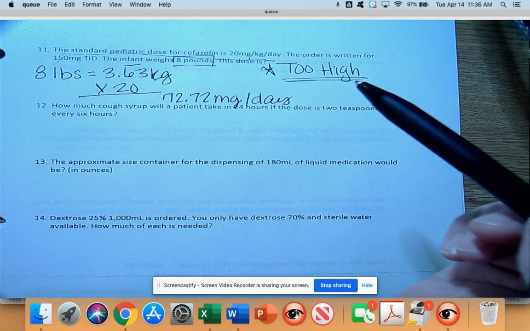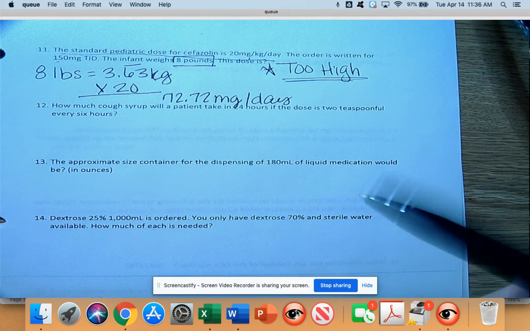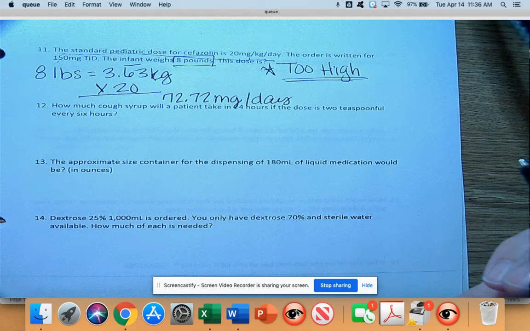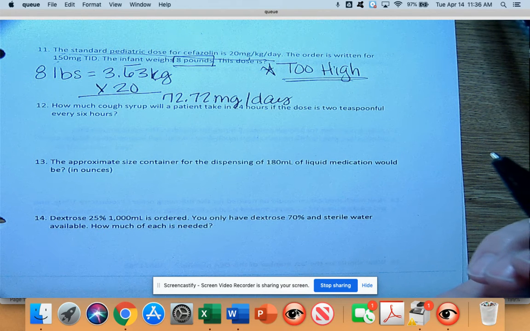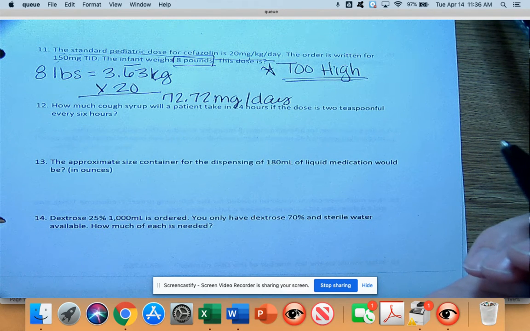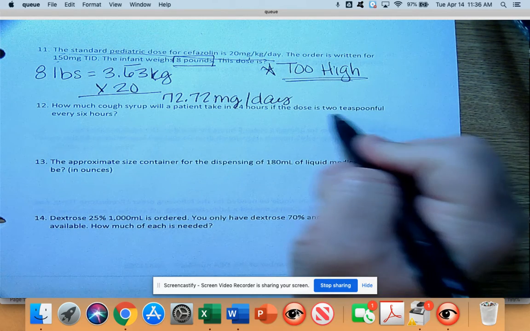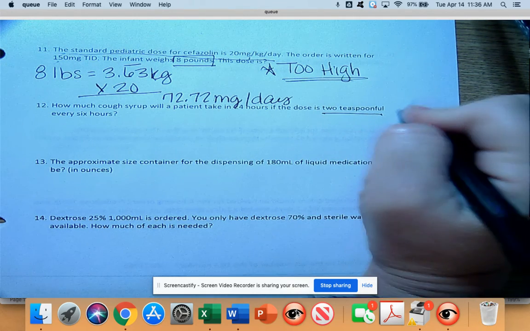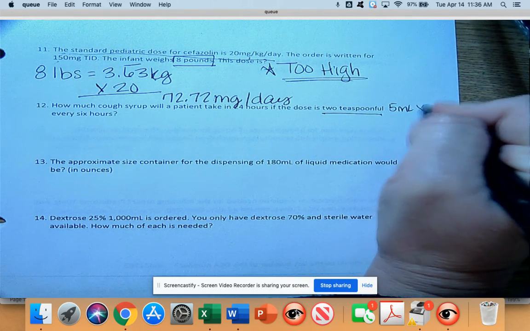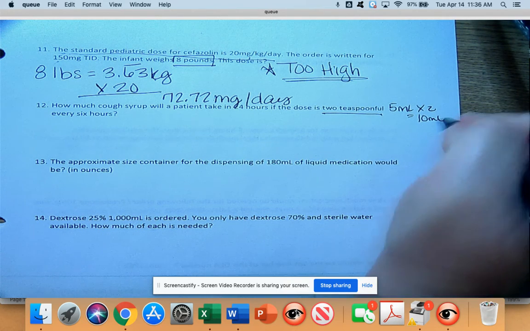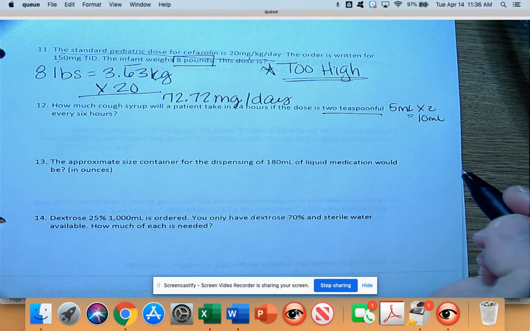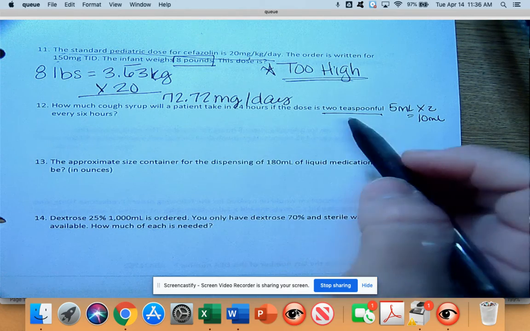Okay, number 12. How much cough syrup will the patient take in 24 hours if the dose is 2 teaspoonfuls every 6 hours? Okay, so we're going to take 2 teaspoonfuls. We need to get that to milliliters. 1 teaspoonful is 5 mL, so multiply that times 2. So my dose is 10 mLs, and we're going to take that every 6 hours.